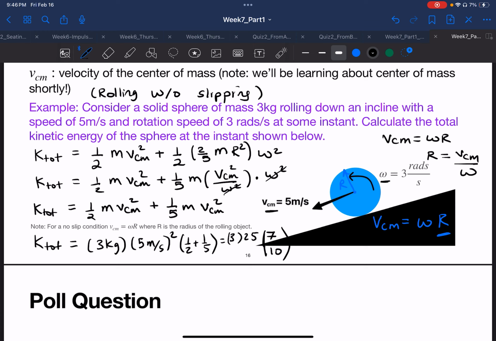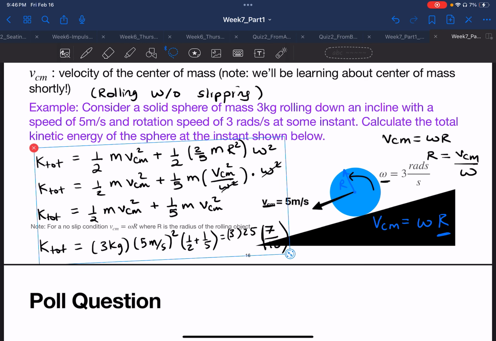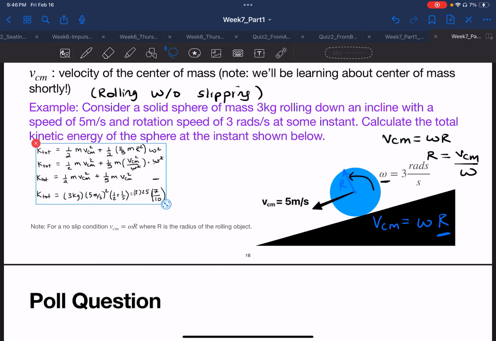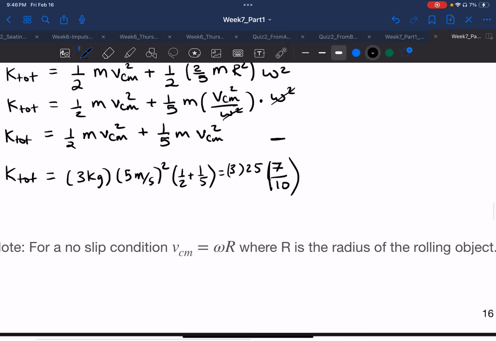Apologies here, let's write this a little neater. Okay, there we go. So simplifying all of that, we get 3 times 25 times 7 divided by 10, which is 52.5 joules. Alrighty.